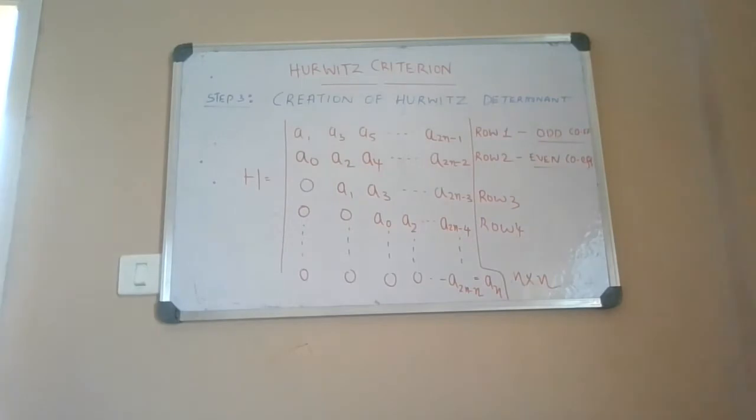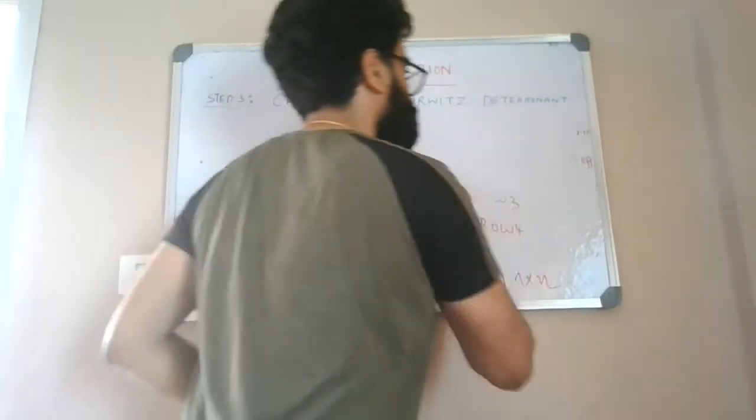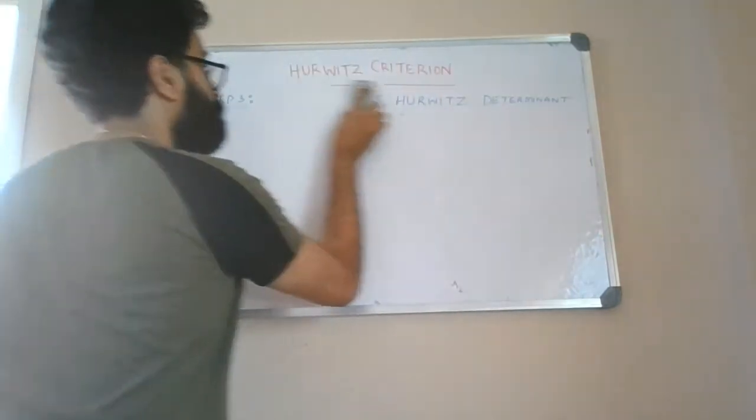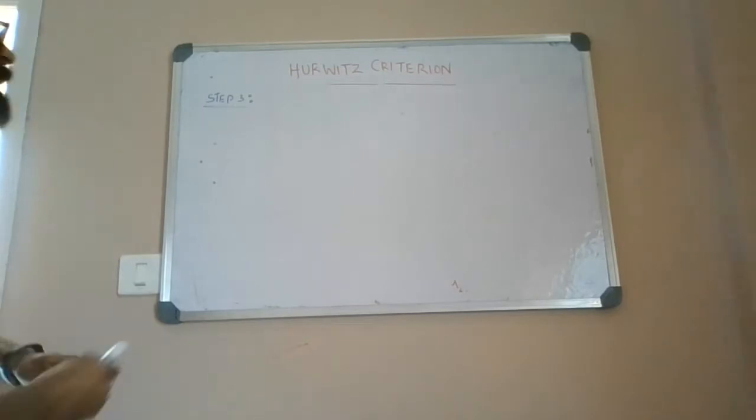Now, once you are done with the creation of the Hurwitz determinant, you can apply step 4.